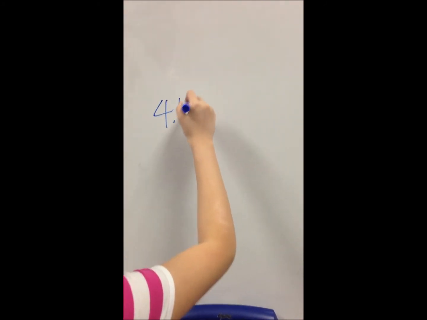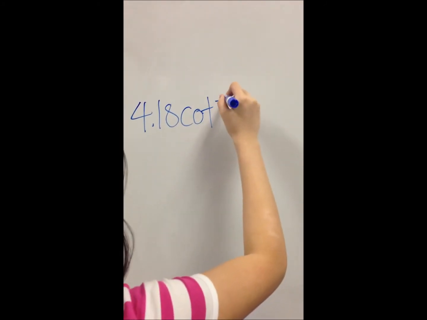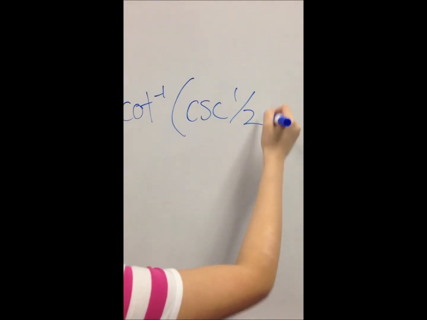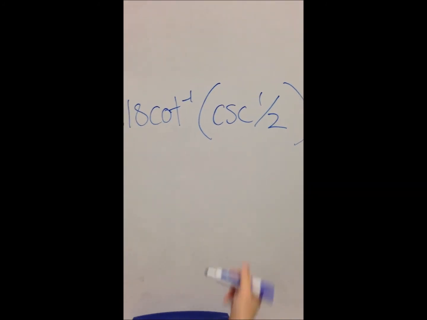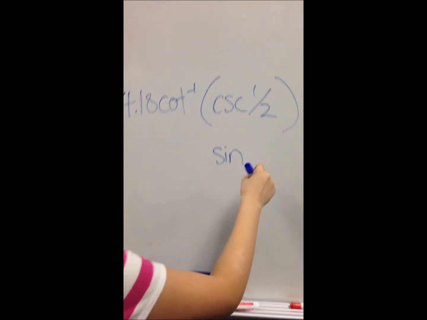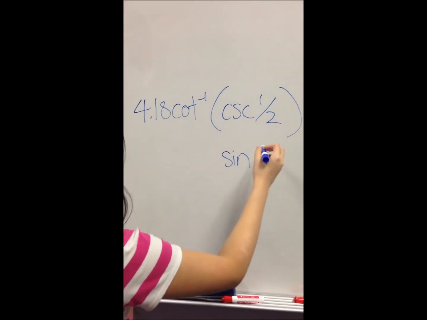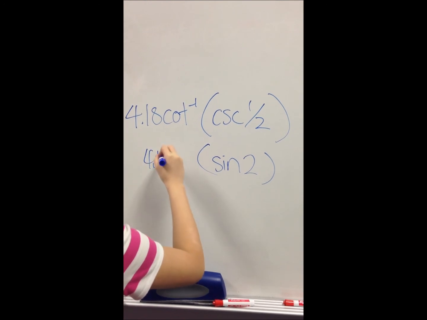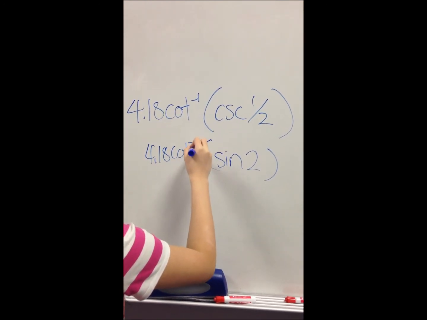Okay. What is 4.18 times the inverse cotangent of cosecant of 1/2? You can change from cosecant to sine by taking the inverse of this value, so that would be sine 2 times 4.18 cotangent inverse.